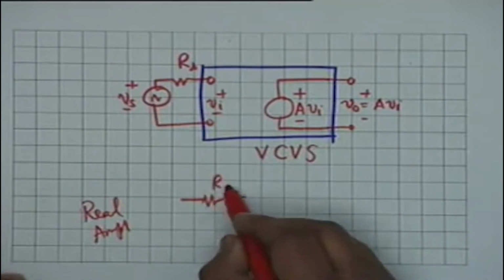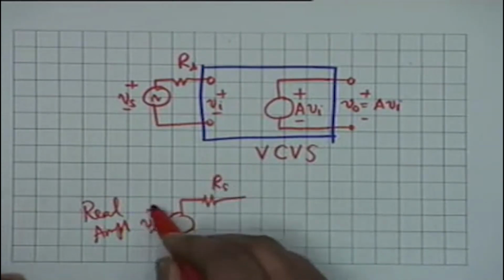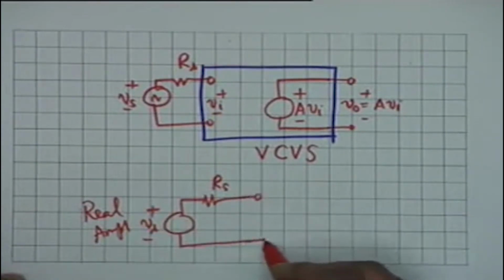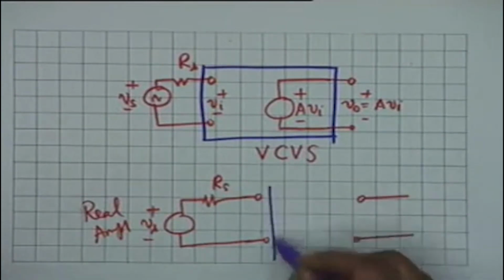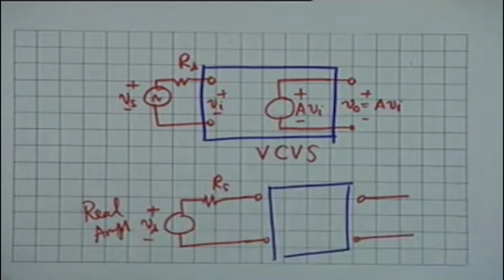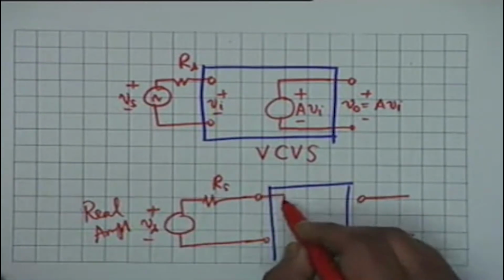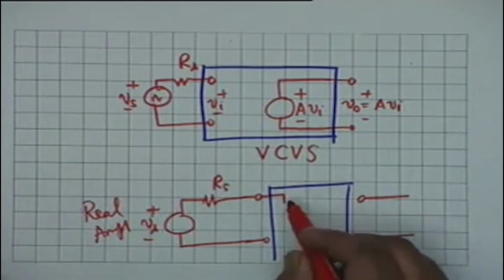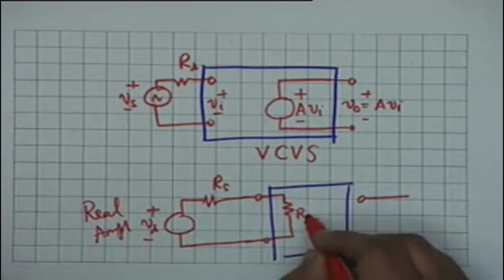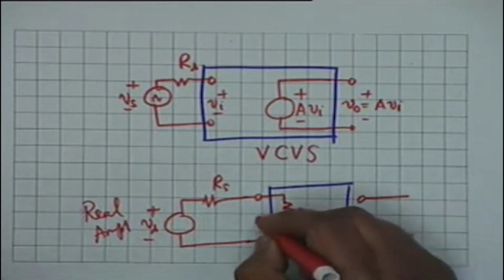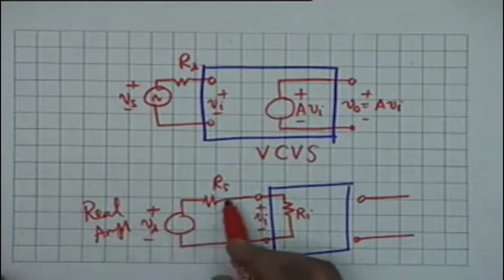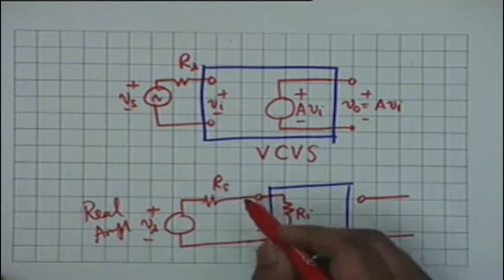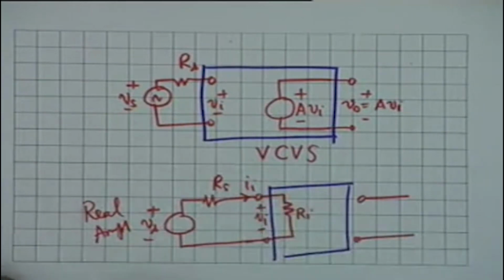You have a source Vs connected to the real amplifier, in which the input resistance is not infinity, but let us say some value Ri. Then the voltage developed is Vi. Now you see Vi is no longer equal to Vs because there is a drop in Rs, and the current taken here is no longer equal to 0.